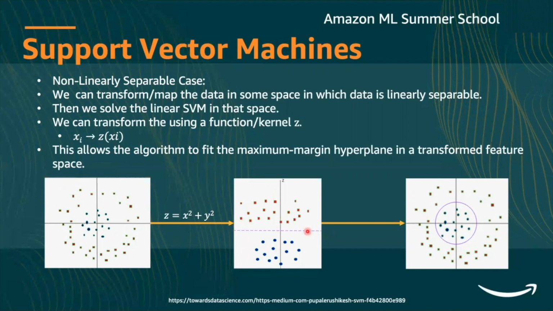Then you can draw a line and use an SVM in this space. If you turn it back to the original space, this line corresponds to this circle. This is known as transformation using a function or a kernel. You transform xi into some z of xi, a z space in which the data set is linearly separable, and you perform an SVM.